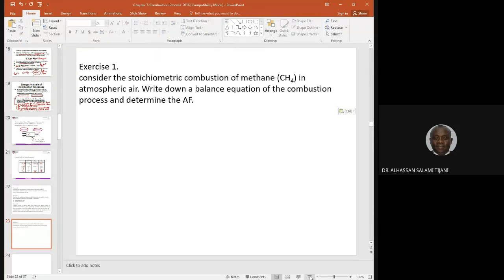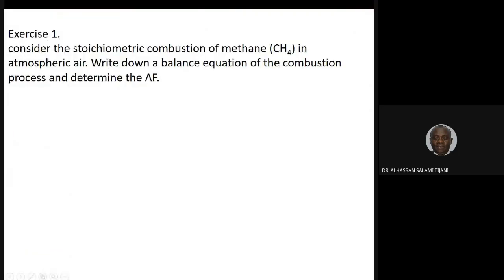In this question, we are told to consider the stoichiometric combustion of methane in atmospheric air.